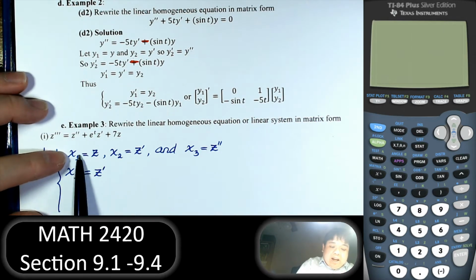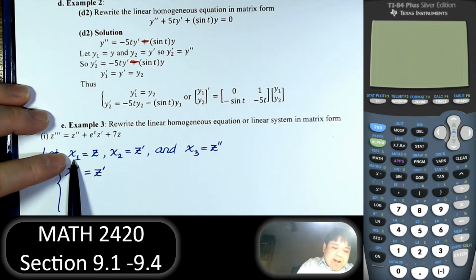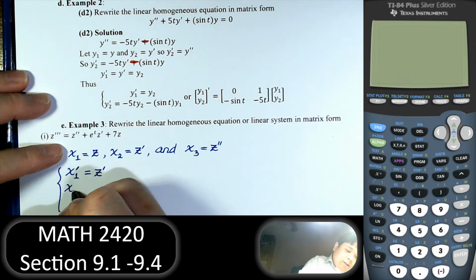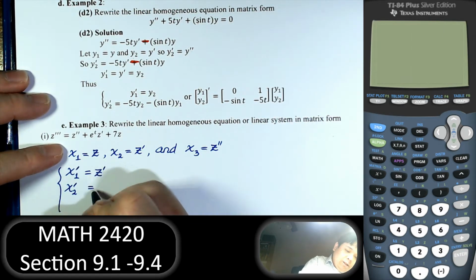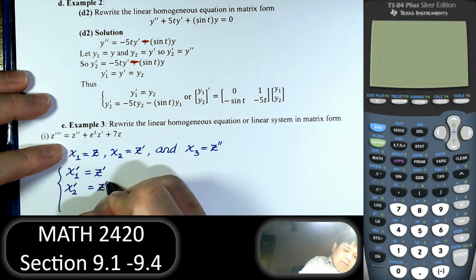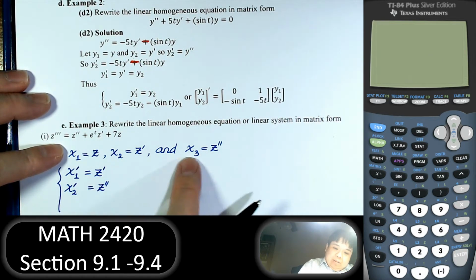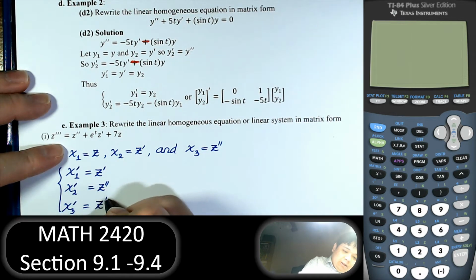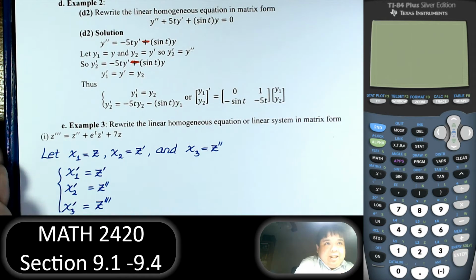I just write this again, but in a column. Derivative, and then I write this, but with derivative. Right? And then I'm going to write that, but take the derivative of both sides. Simple enough, right?